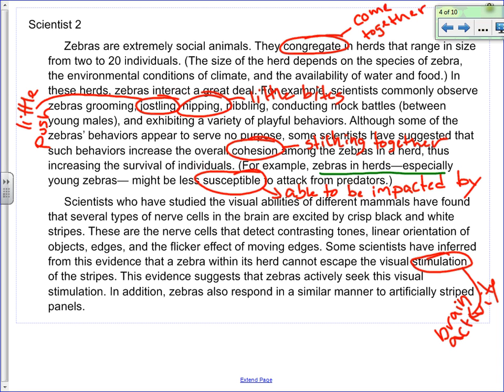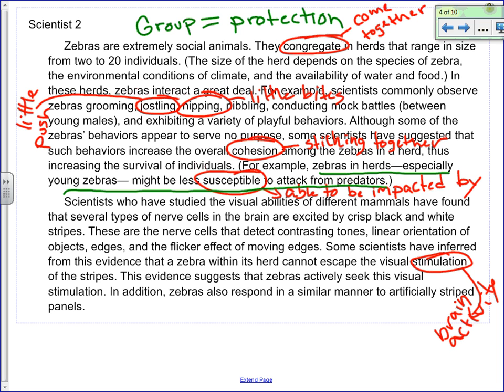So zebras in herds, especially young zebras, might be less susceptible to attacks from predators. If you're a jackal hunting a zebra, and you have one zebra sitting on its own, or 15 zebras all bumping into each other and fighting each other, the one you're going to attack is clearly the individual, because you're less likely to get kicked in the head by 15 zebras that way. So essentially, in this case, the group means protection for the zebras.